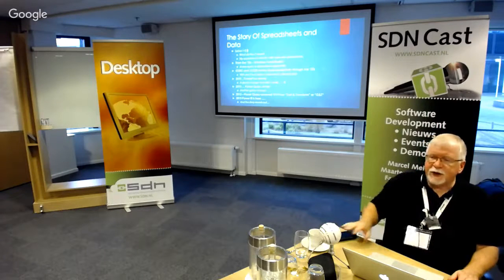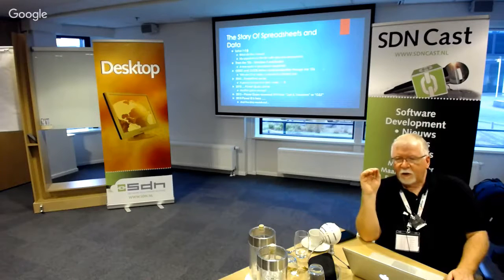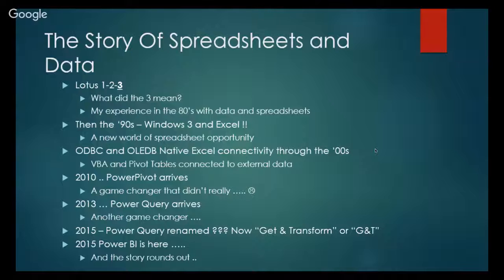Now, the story of spreadsheets and data. This is really important to understand, guys. The first spreadsheet that had a sort of thought about data at all and tables was Lotus 1-2-3. And the 1-2-3 was: spreadsheet was 1, graphics is 2, and database is 3. Hence the name Lotus 1-2-3. And apparently there was a huge argument in the Lotus Development Corporation before they shipped. A whole bunch of people didn't want the data capabilities in it.